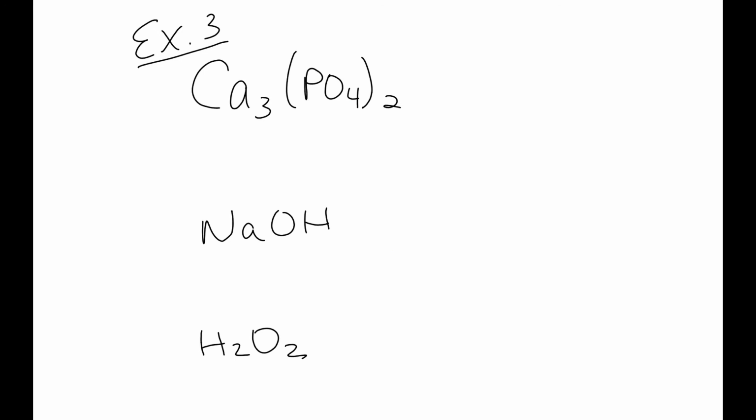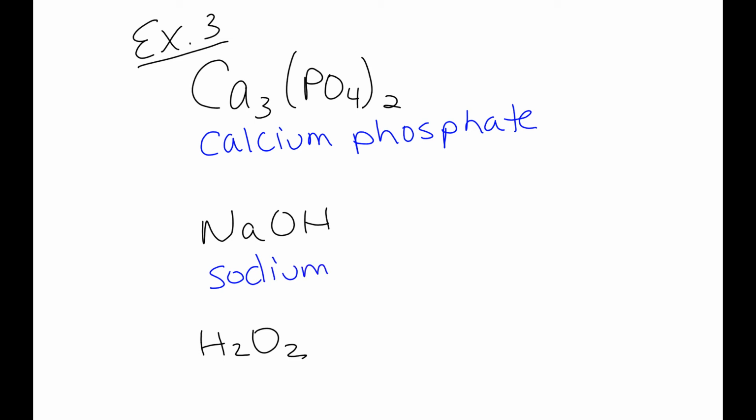Okay. Now, if there's parentheses, obviously there's a polyatomic. Now we can ignore the little numbers. We don't have to worry about them. So this one here is calcium phosphate. Okay, so it's pretty easy, calcium phosphate. And then we have sodium hydroxide.